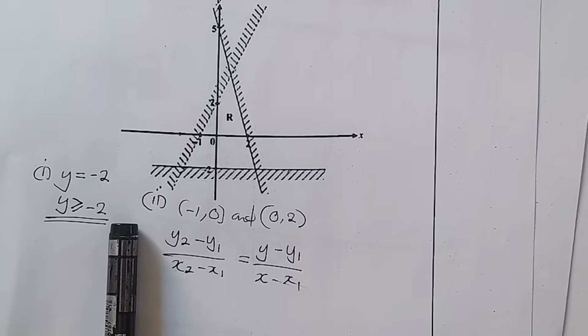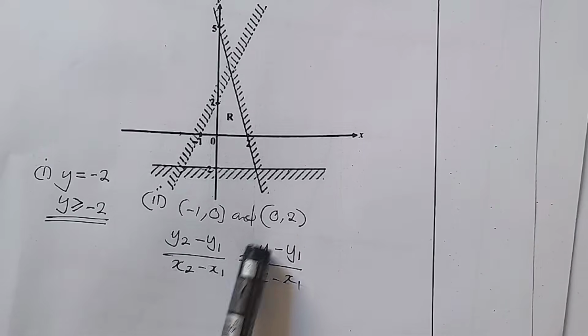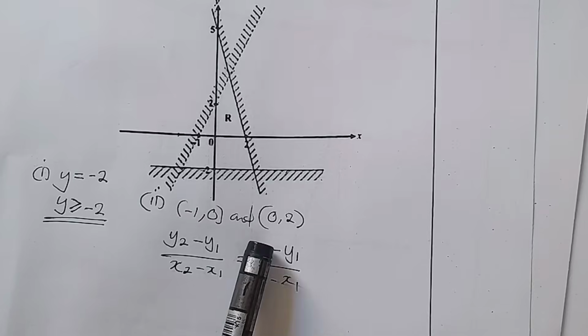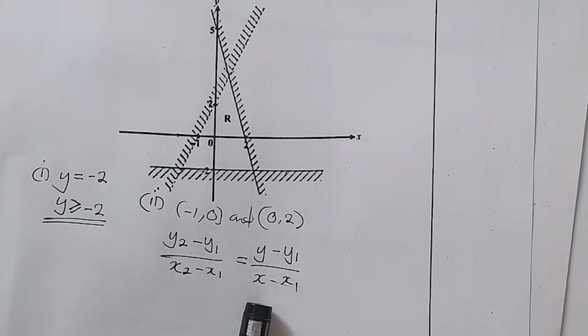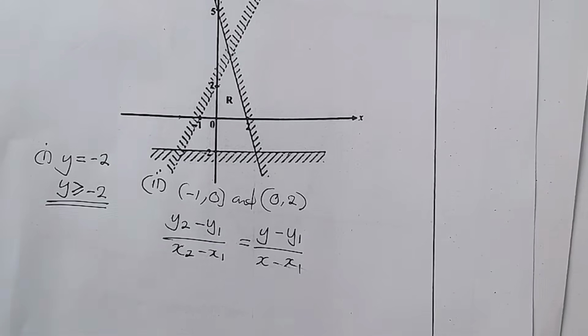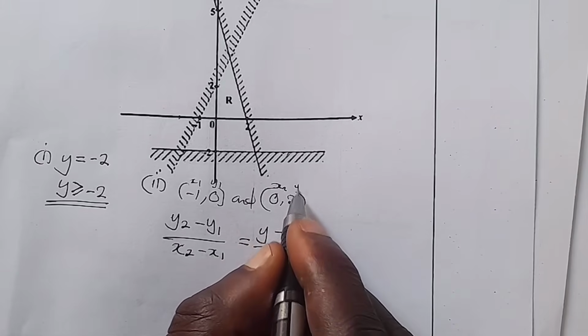This side is the gradient. The other side is the same as gradient, but instead of y2 or x2 it's just x and y. That's it. Then substitute. This is x1, y1, x2, y2.